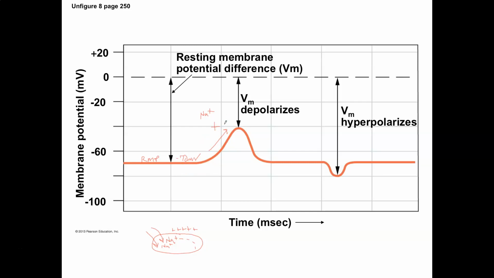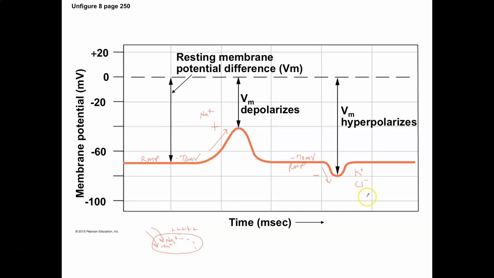We also have hyperpolarizing events. If this is negative 70 millivolts at resting membrane potential, and we see the value of the membrane voltage going in a negative direction, then we call that a hyperpolarizing event. Hyperpolarizing events are oftentimes caused by the movement of potassium, but we also see chlorine involved quite a bit.